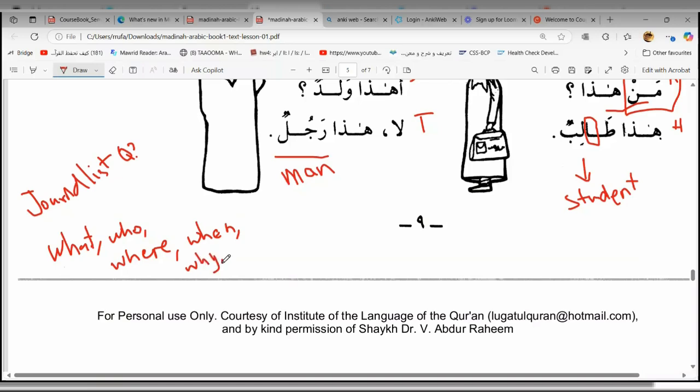If you are learning anything, if you can answer these 6 questions, you would have understood most of the topic. Okay, let's move on. That's just an aside. So far, we've looked at what and who in this lesson. In future lessons, we'll look at the other questions, inshallah.